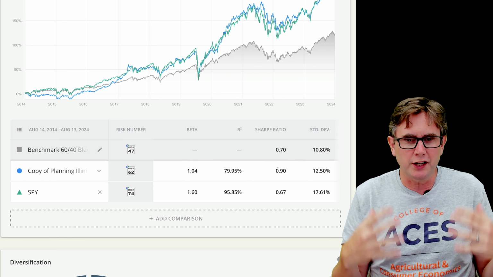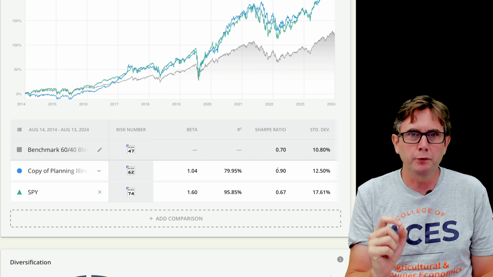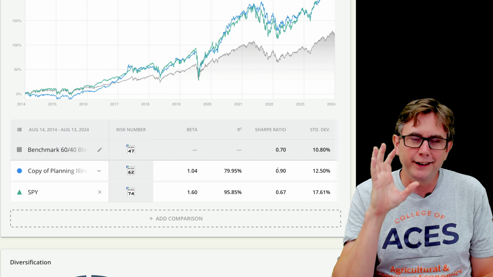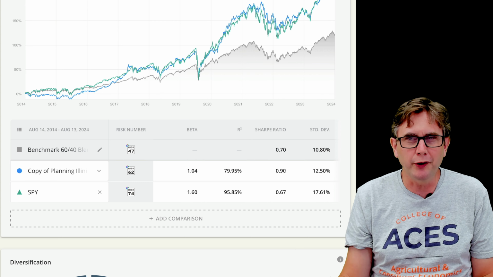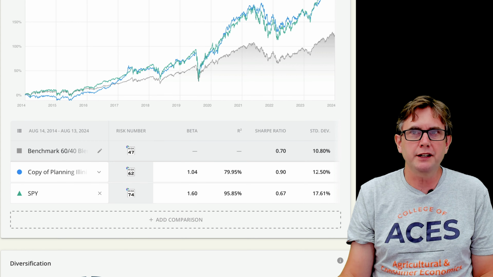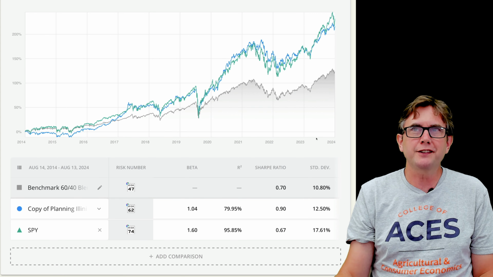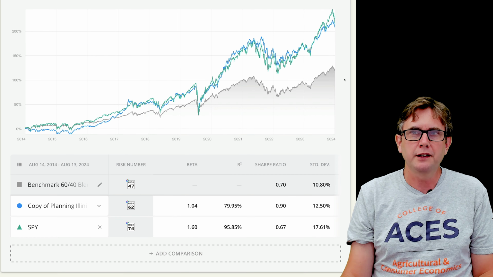It is the risk-adjusted return of a portfolio, and look what starts to happen when we put other non-correlated assets that have done well into this model. We got a Sharpe ratio of 0.9, standard deviation of 12.5, and why is that relevant? With our standard deviation of 12.5, we had almost the same returns as the market over that time period with much less risk to get there.